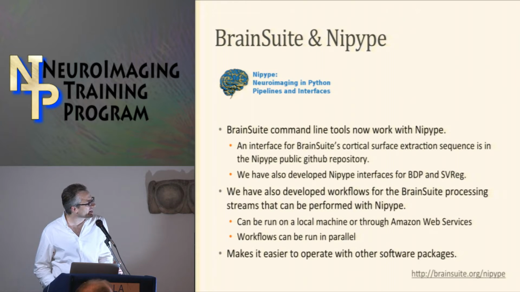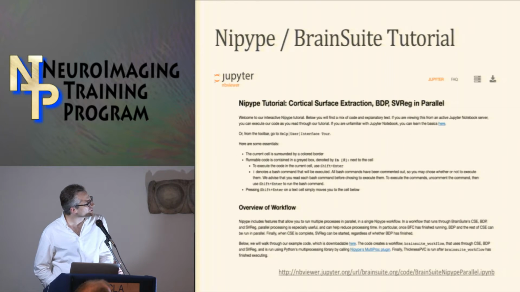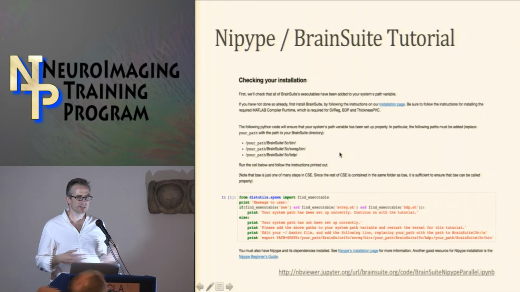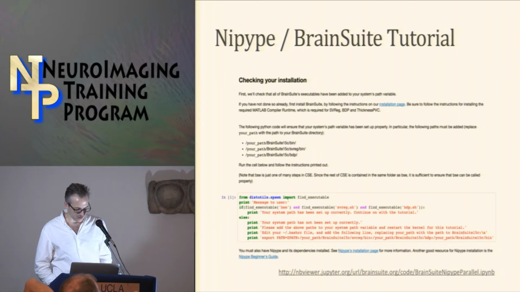One of the other things that we have for the NITP tools, he also developed a tutorial that's on our website. So it's in a Jupyter notebook, which basically describes each step that he put together. He did a really nice job of documenting it. So it tells you how to run it. You can edit the code in the browser, and you can run it on your machine.